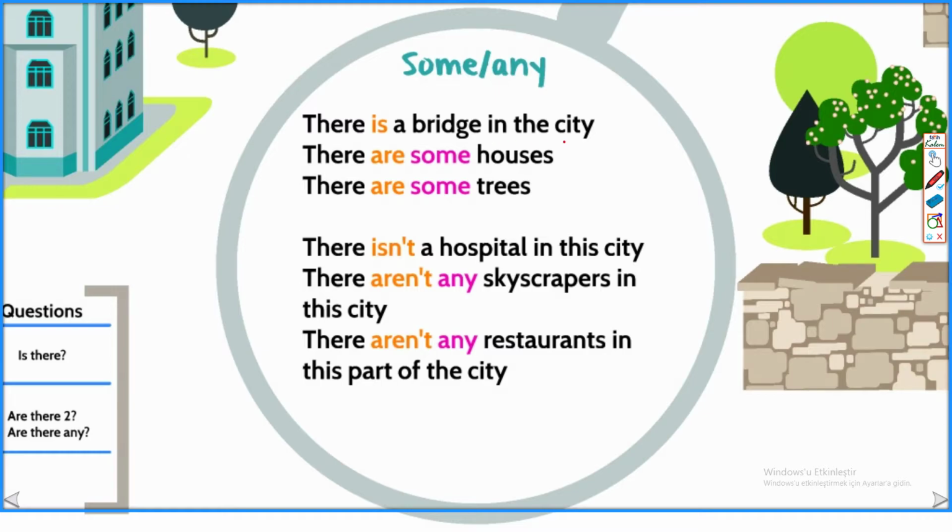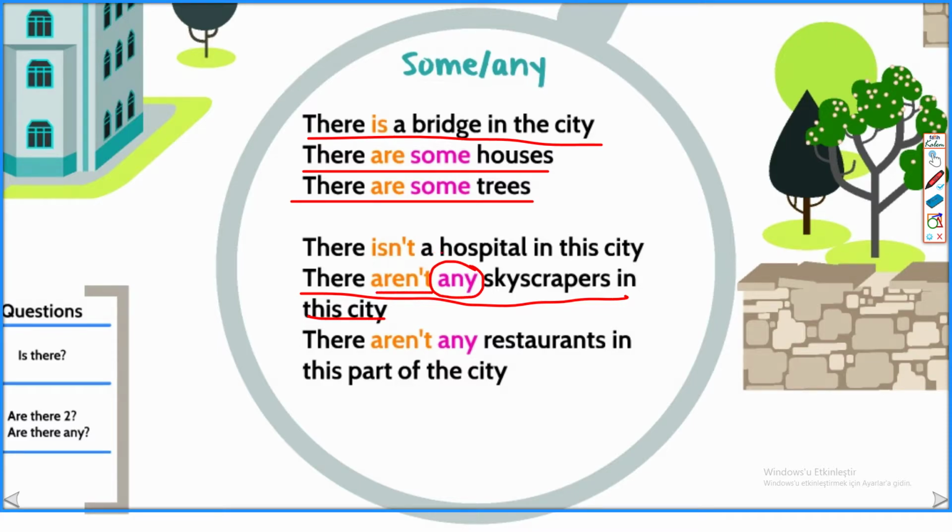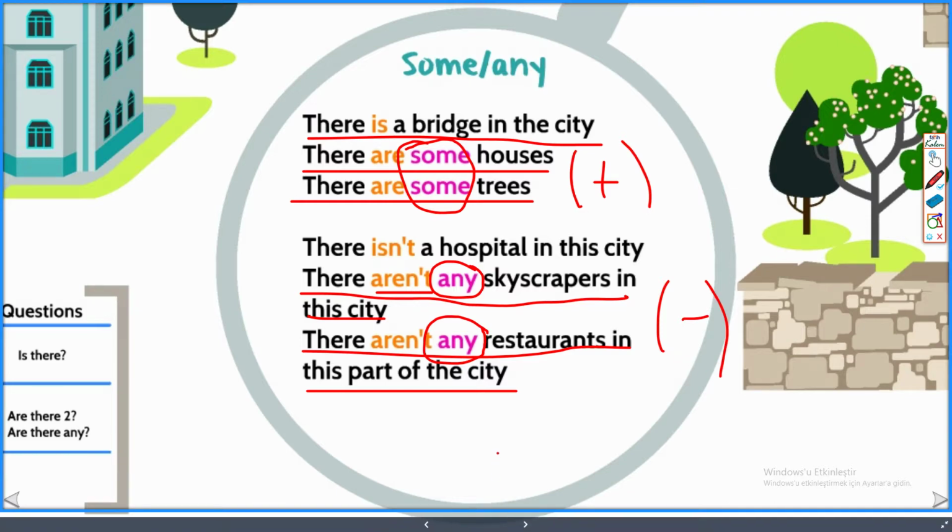There is a bridge in the city, there are some houses, there are some trees, there isn't a hospital in this city, there aren't any skyscrapers in this city. As you see, we use any with negative, and there aren't any restaurants in this part of the city. We use some with positive, but we use any with the negative side.